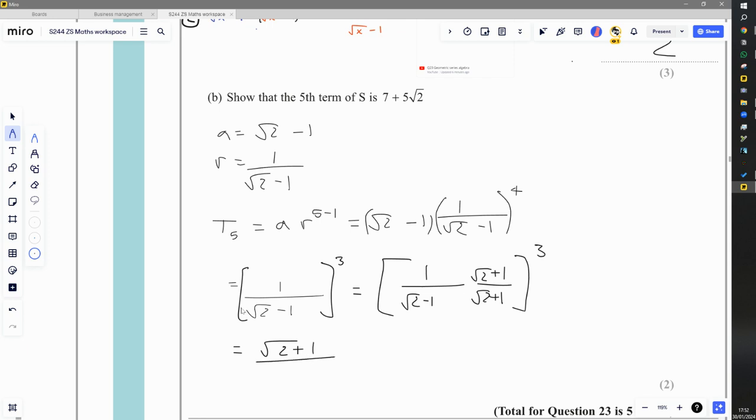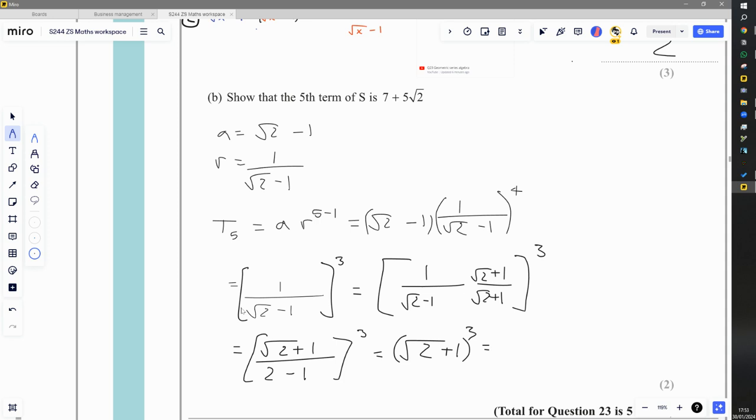At the bottom, because this is a difference of two squares, we're going to have root 2 times root 2, which is just 2, and then minus 1 times 1, which is 1. And so 2 minus 1 is just 1. And that's still all cubed. So the bottom disappears, and now we just have root 2 plus 1, and we still need to cube it.